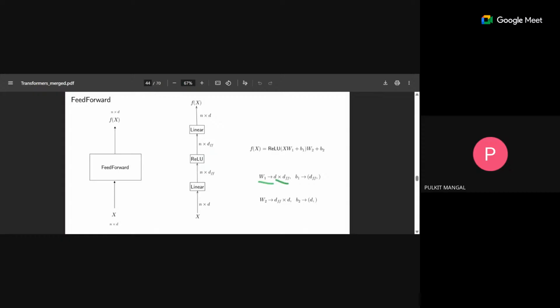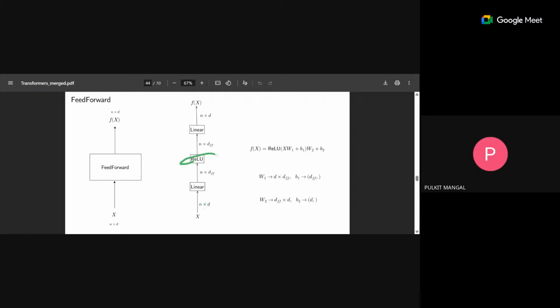So there would be just two matrices. One would be of size d times dff, where dff is the number of neurons in the hidden layer, and then another matrix to again project it to the same dimension, dff times d. If you add the bias, then in the first one it's dff, in the second one it would be d. So in the feed forward neural network, we only keep one hidden layer, and usually they keep it double the size of the input dimension, or I think 4 times the size of the input dimension.